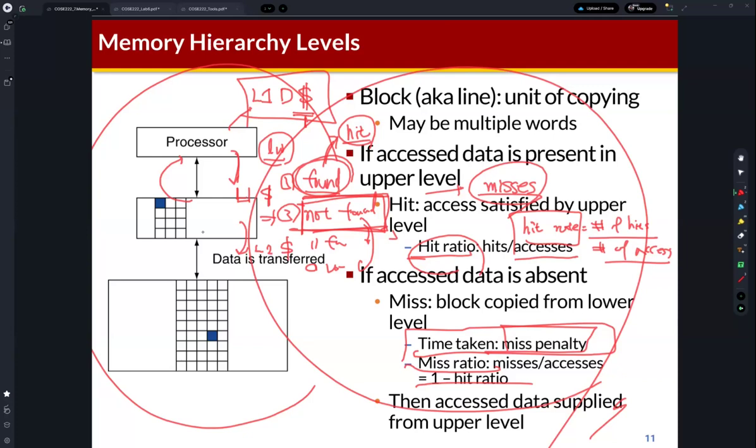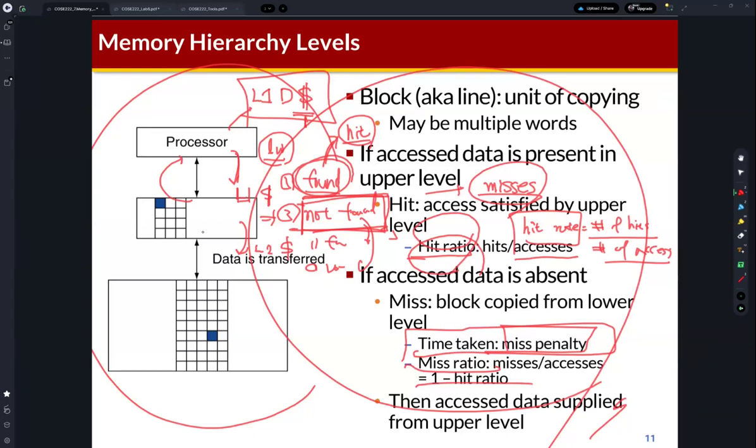It can be found, but also it cannot be found. If the data is found, this is the hit case, and if the requested data is not found, it is the miss case. So we define the hit ratio of the high level memory, like cache.